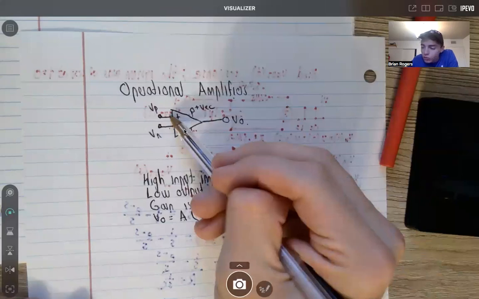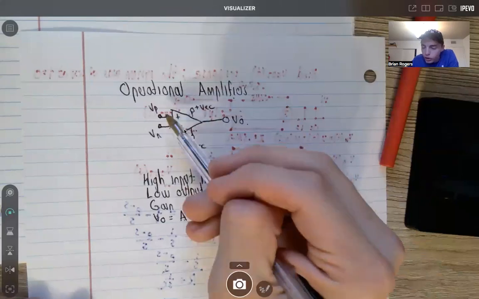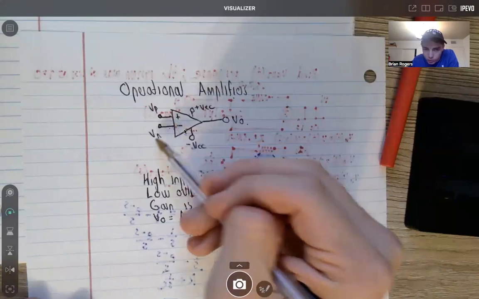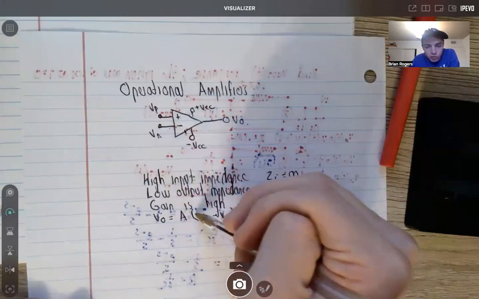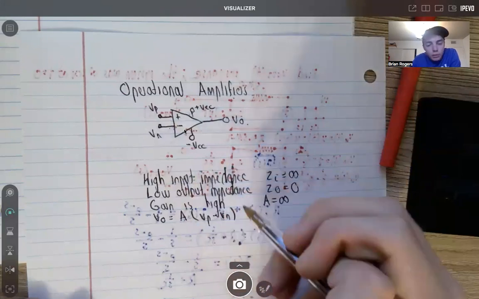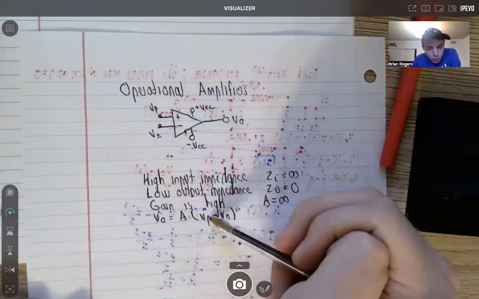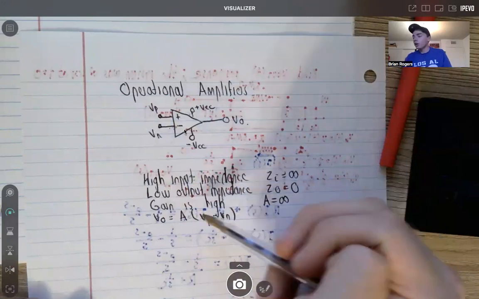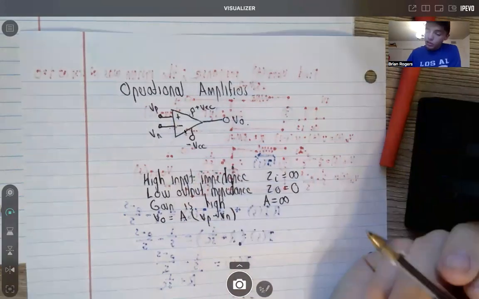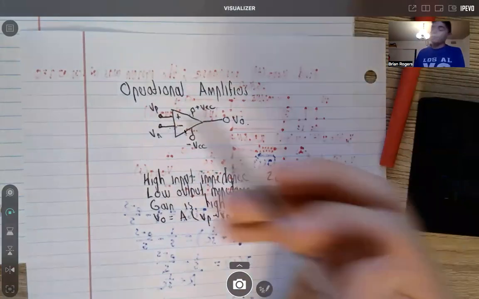It's so much easier to know VP is the voltage at the positive terminal and V of N is the voltage at the negative terminal, because you can just do the gain multiplied by VP minus VN. It's always VP, the higher potential, minus the lower potential, the difference multiplied by the gain, because that's what an op amp does. It amplifies the difference between these two terminals.